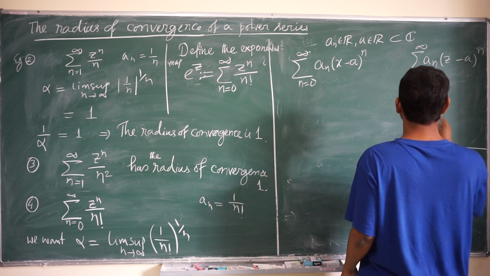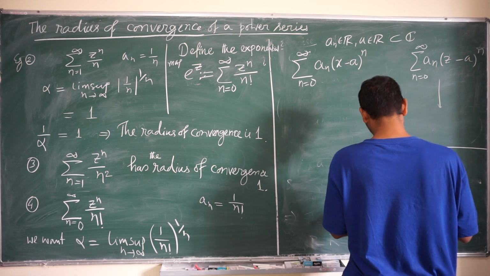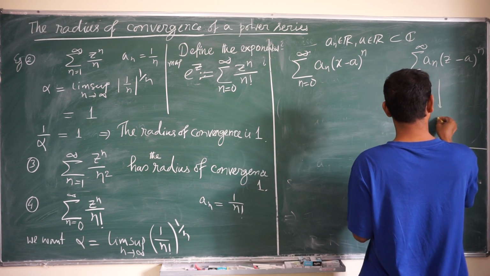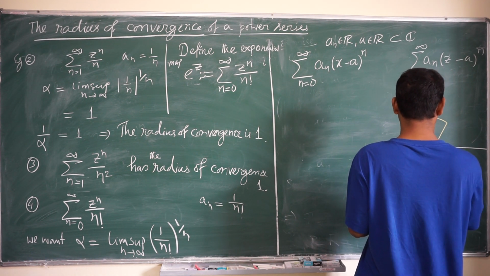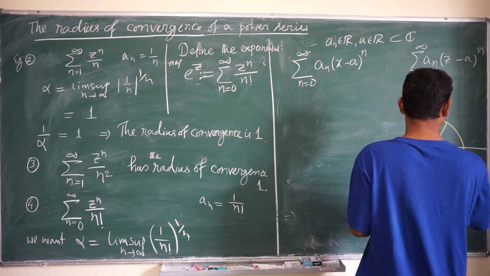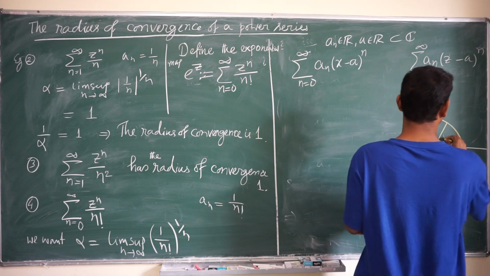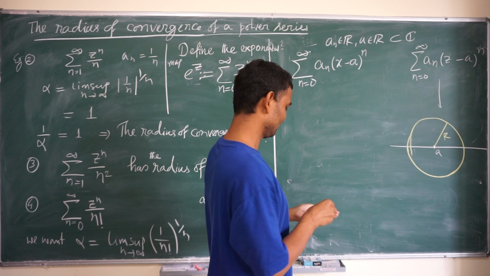Suppose this a is a real number, and you have a circular disk of radius r where the series converges.